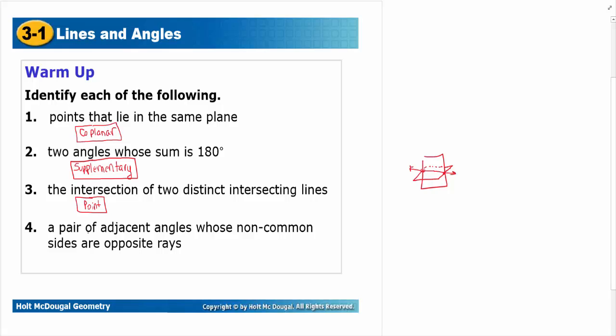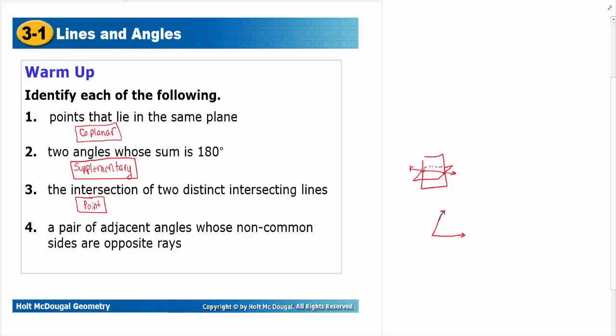Number four, a pair of adjacent angles whose non-common sides are opposite rays. In this one you may want to just draw it out if you don't see it. It becomes pretty simple once you see it. You have an angle here, and then a second angle that's adjacent, so they share a side.